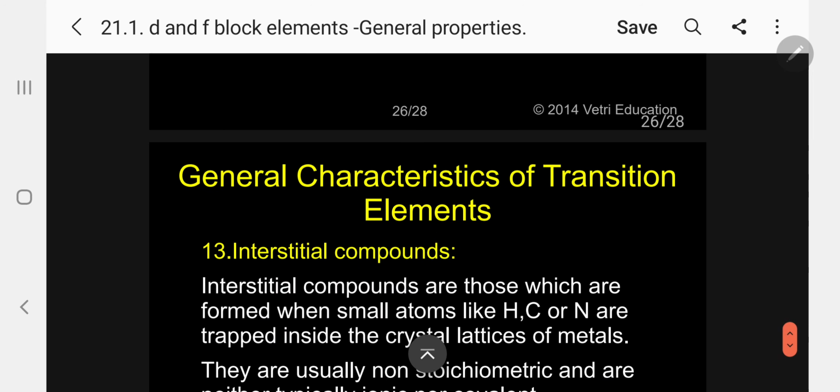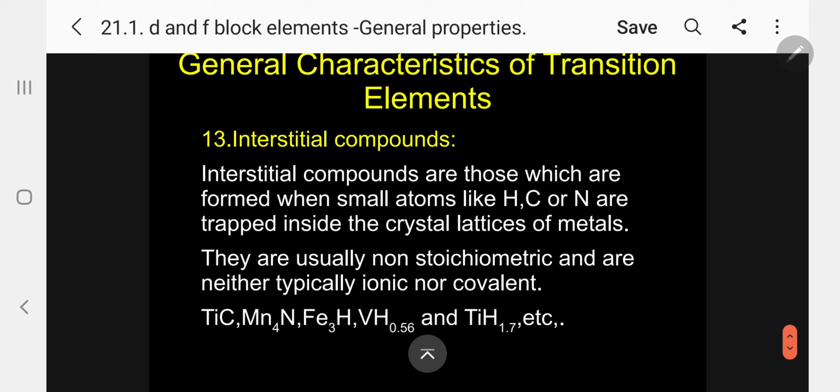Kindly follow. Coming to interstitial compounds. Interstitial compounds are those which are formed when small atoms like hydrogen, carbon or nitrogen are trapped inside the crystal lattices of metal. We have already seen under the solid state, interstitial defects. What is the interstitial defect?